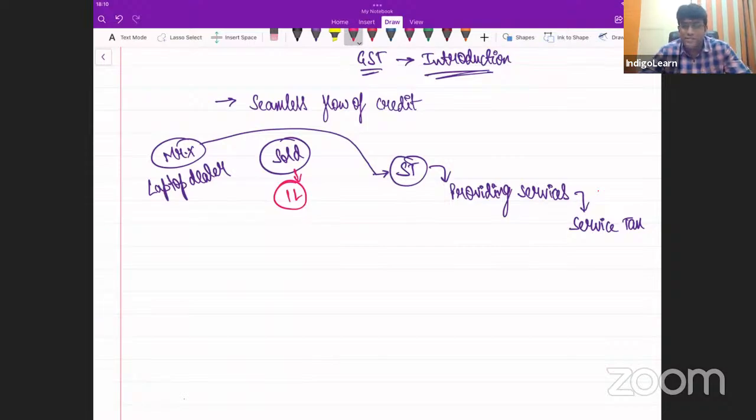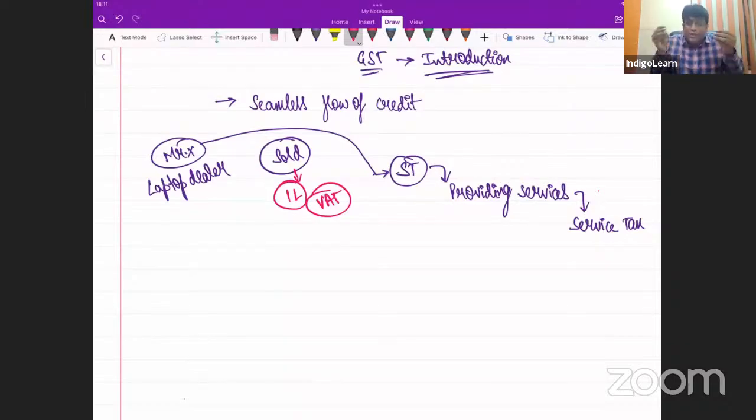Good participation. Let me tell you, the tax the dealer would have charged is definitely VAT, for the simple reason that VAT stands for value added tax.